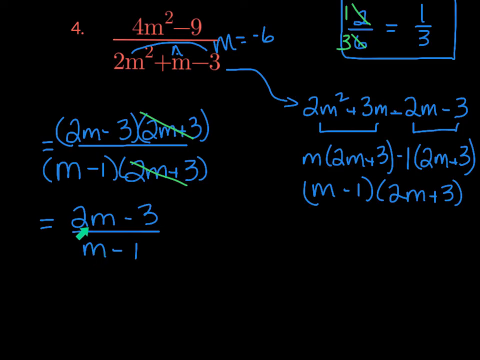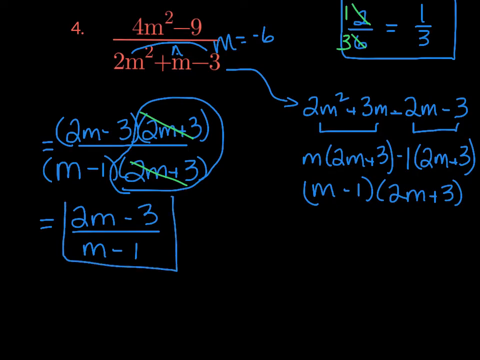You can't do that because this 2m minus 3 here is a binomial, and this m minus 1 here is also a binomial. So the only way you can cancel a binomial with a binomial is if they're the same exact thing, just kind of like we had right here, okay? So since 2m minus 3 and m minus 1 are not the same, then we cannot cancel them out, and that's our final answer.